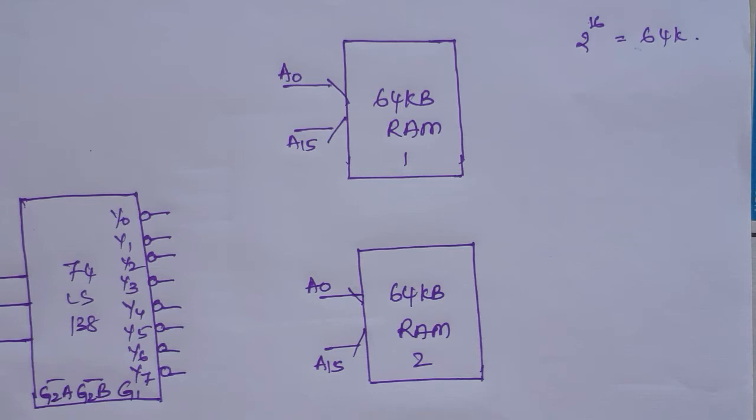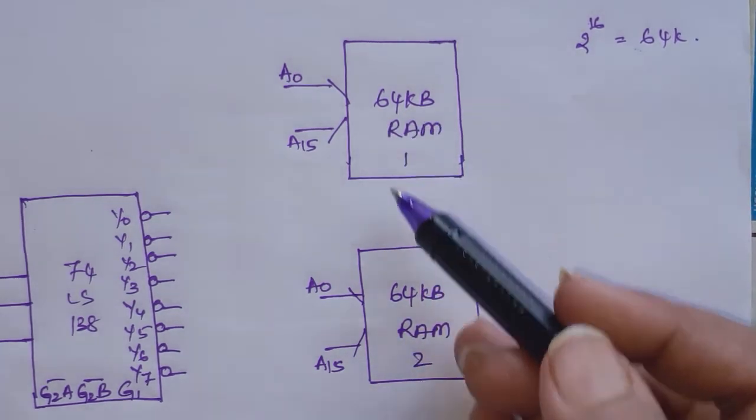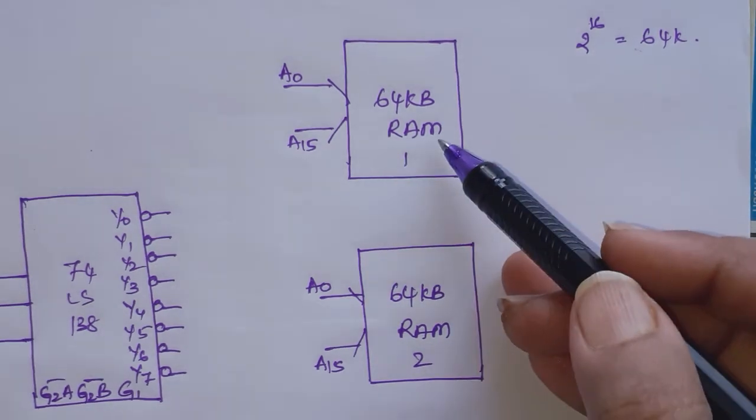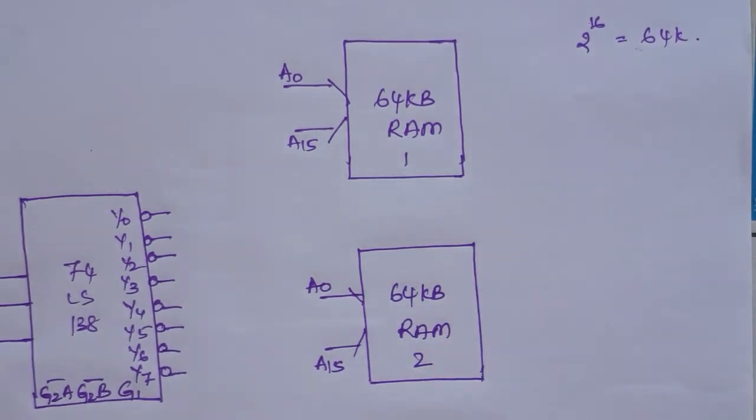But in case of 8085, the address bus will be only 16 bits, so the maximum memory it can access is only 64 KB. But the method is the same. Instead of 64 KB, if it is an 8085 system, you may be asked to interface so many 8 KB chips, or 1 KB chips.